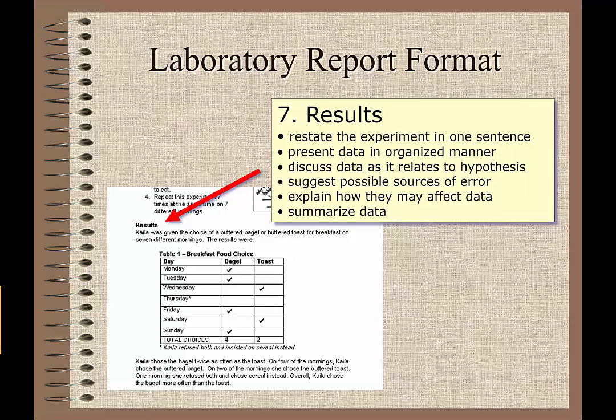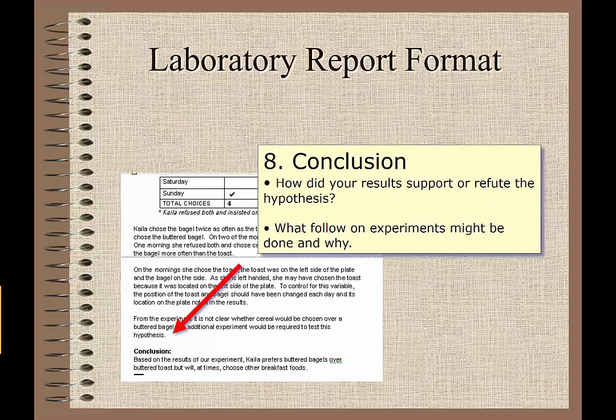And then finally you discuss possible sources of error. What are some of the unintended variables in your experiment that could have affected the data in such a way that it doesn't really reflect the experiment as you think it should? Human error is usually not a good fallback.